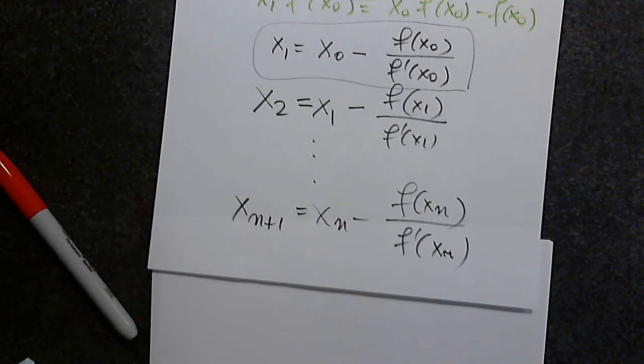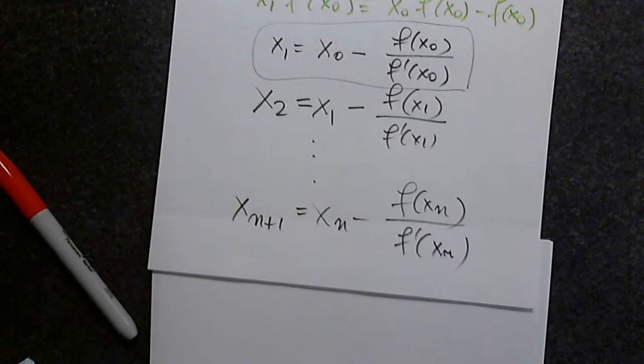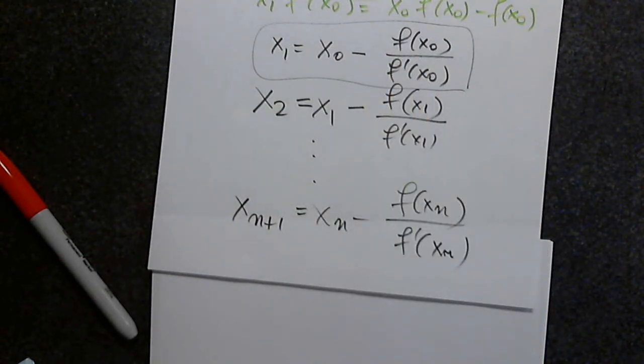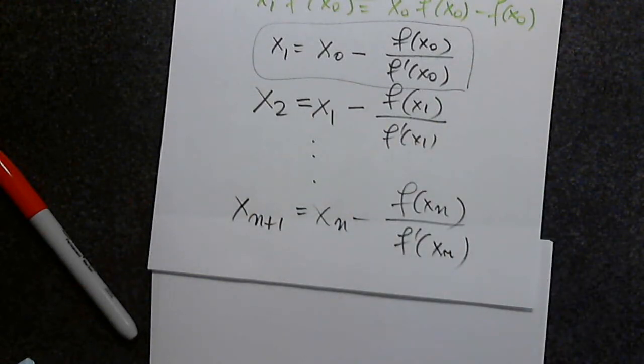That does what? When f prime is 0 at that x0. So I cannot choose an x0 just simply because I want to if f prime is undefined at that x0. Because I will not be able to pass the first step.